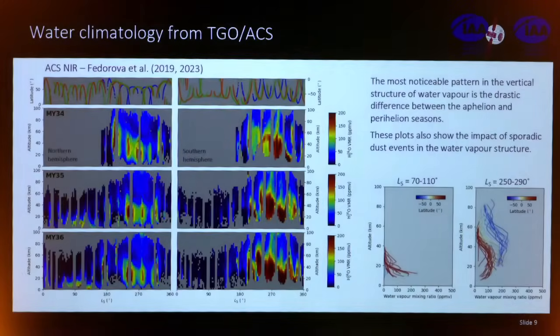And you have here an example of a survey which has been performed for 2.5 years, from Martian year 34 to Martian year 36. You see here data which have been collected by one of the other channels of the SES instrument, which has been used by Anna Fedorova, who produced these water vapor mixing ratios for the two hemispheres.